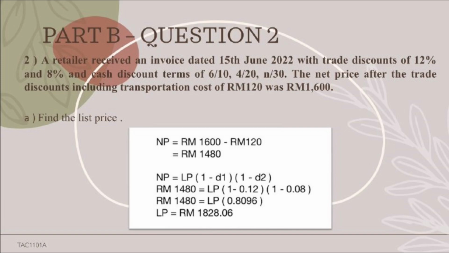We calculate 1 minus 0.12 times 1 minus 0.08 equals 0.8096. After that, we move 0.8096 to the other side by dividing the net price, which is 1,480 ringgit Malaysia. The answer for the list price is 1,828 ringgit Malaysia 6 cents.